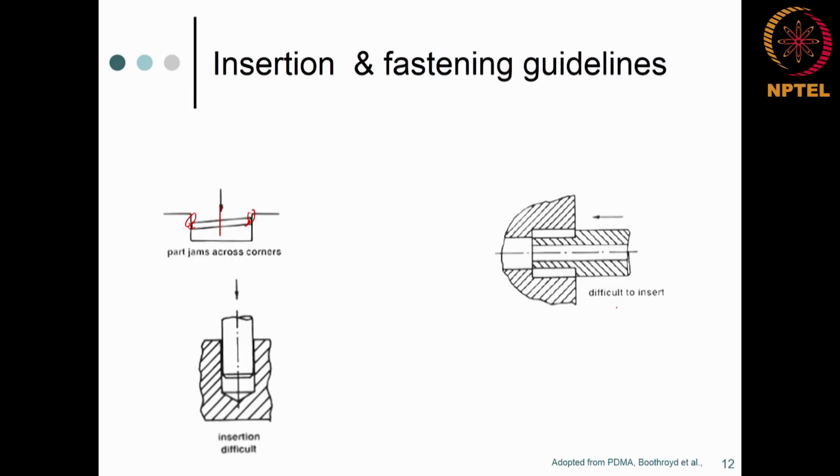Okay. You see the problem in this? This is a nice problem. This is the hole, and I'm trying to insert this guy into this guy. He is designed perfectly.